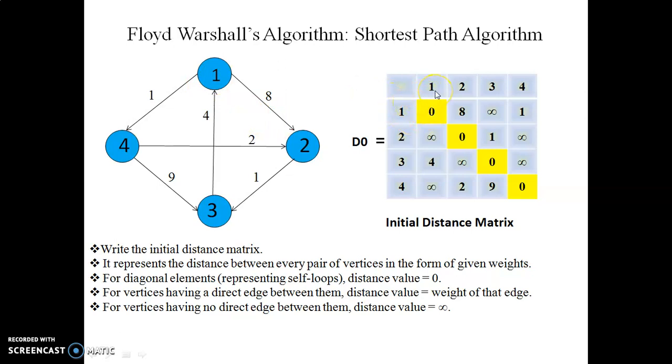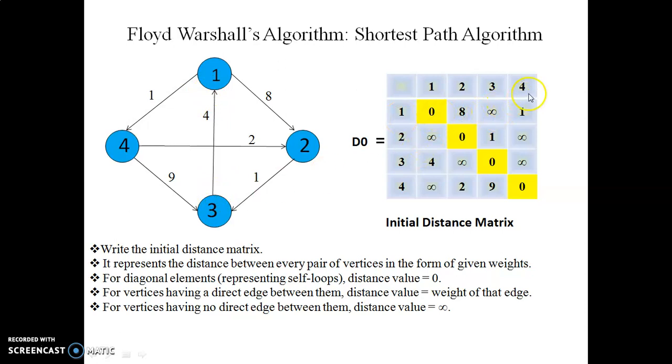Now see here, from 1 to 1 node, or you can say 1 to 1 vertex, there is no self edge, so we write it as 0. From 1 to 2, there is an edge and its weight is 8, so we write it as 8. From 1 to 3, there is no direct edge, so we write it as infinity.